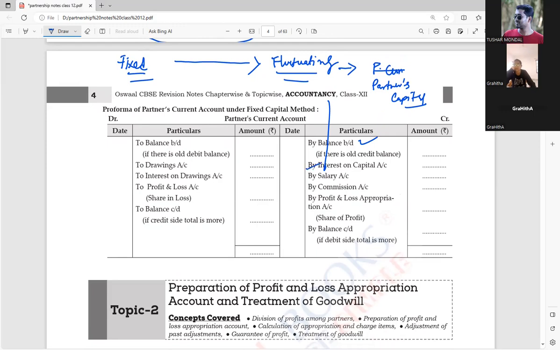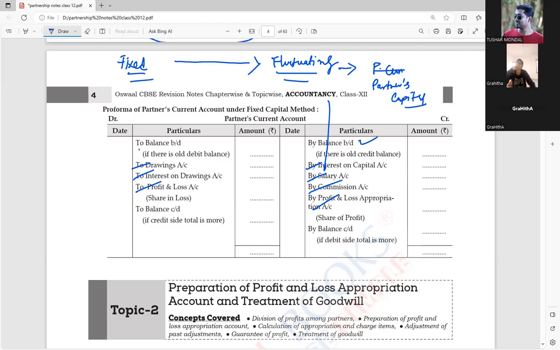Interest, salary, commission, or any other profit. By cash, additional capital we have not seen here, because that goes to the partners' capital. Yes. Now on that side: drawings, interest on drawings, or any other losses. Correct? Those three things will come here.